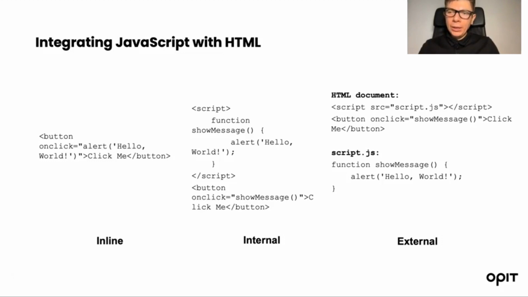So it loads the external file with the function definition, and then it could be used in the HTML document as in the previous way of integrating the script with this document. So these are the three main ways, and as with CSS, what is currently mostly used is this internal and external way of integrating JavaScript with HTML code.